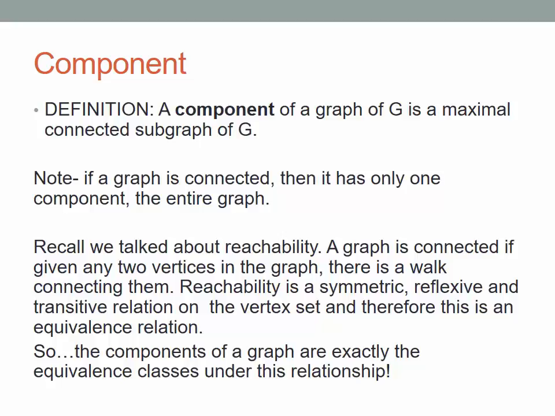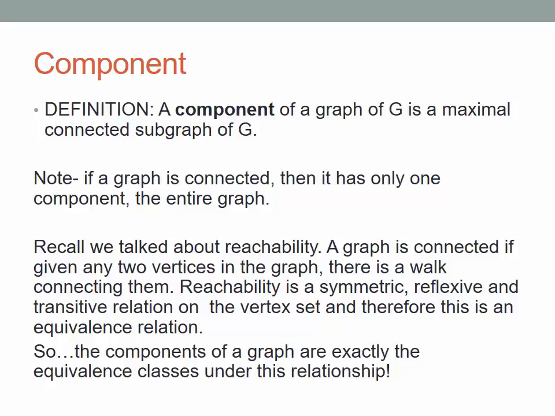So that maximality says if you have a vertex in the graph that's adjacent to at least one of these, it's part of the component in consideration. So, like I said, if your graph is connected and you include this maximality, you're going to get the entire graph. So you only have more than one component when the graph is not connected.